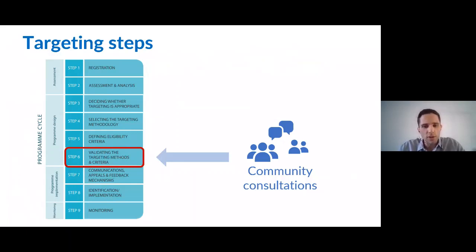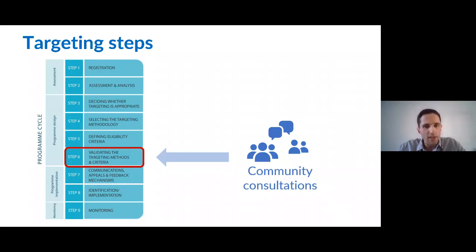So when do the community consultations take place within the broader targeting process? This diagram is actually quite complex, but I'll just briefly introduce a few points. If we look at the beginning, steps 1 and 2, registration and assessment, this is where we collect key data.